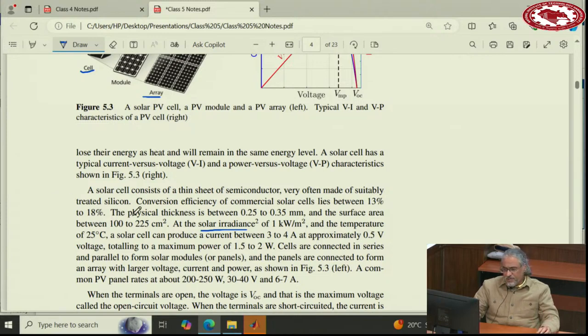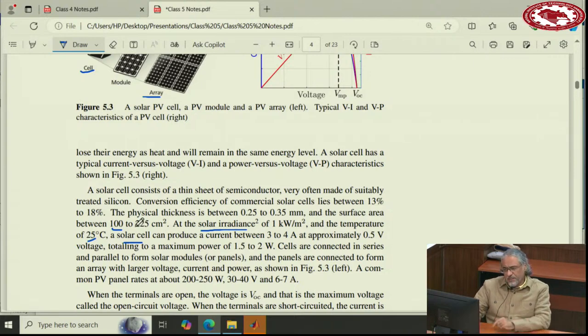So at a solar irradiance of 1 kilowatt per square meter, which is really a strong sun, and a temperature of 25 degrees, a solar cell can produce a current between 3 to 4 amperes at approximately 0.5 volt. If you multiply together, you're talking about 1.5 to 2 watts for one solar cell. And the size of that solar cell is 100 to 225 square centimeters, so you can imagine how big that cell is.